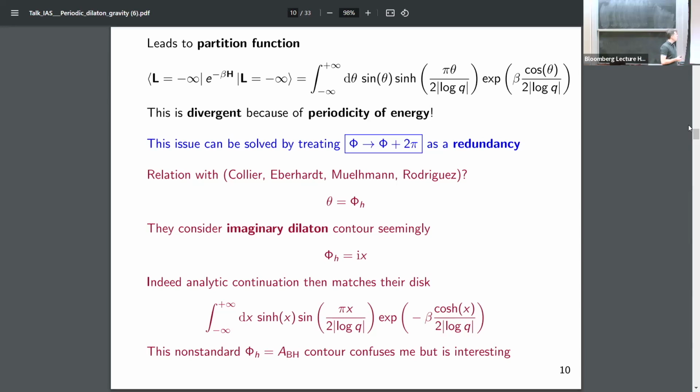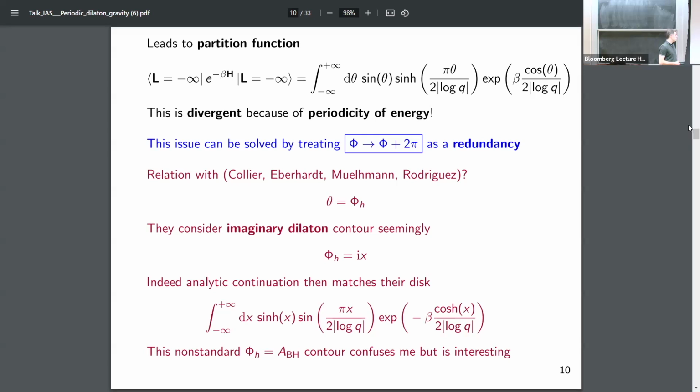Yeah, there's something here that confuses me with what Beatrix and friends do. Well, it's interesting, but also confusing to me. They consider the dilaton at the horizon to be imaginary, and then this makes the integral convergent.